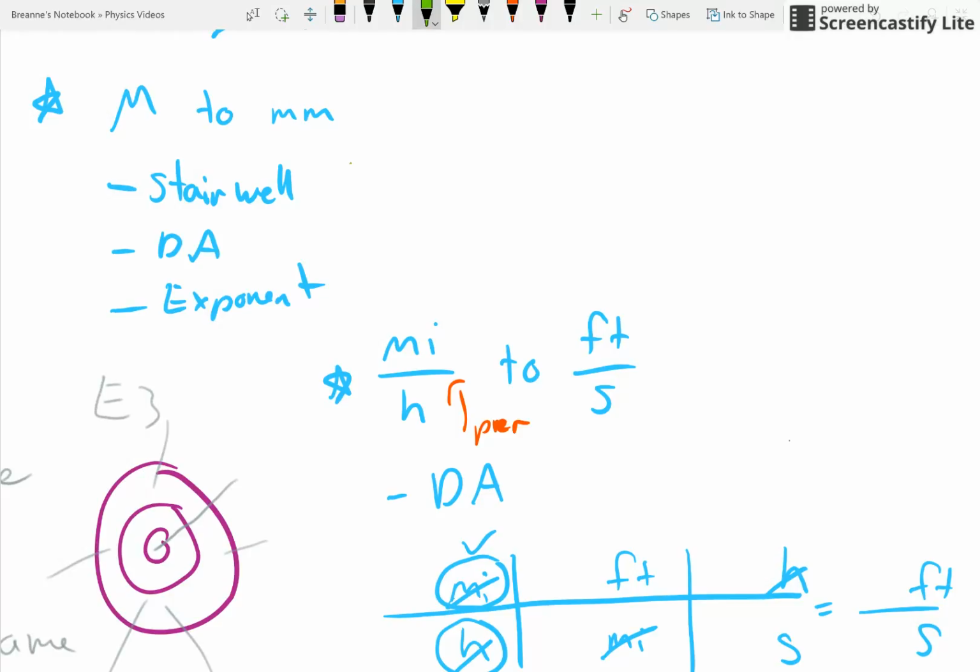So your steps method is you're just counting steps. So if you have giga, mega, kilo, hecto, deca, base, then you have deci, centi, milli, micro, nano. I need to spread these out a little bit.